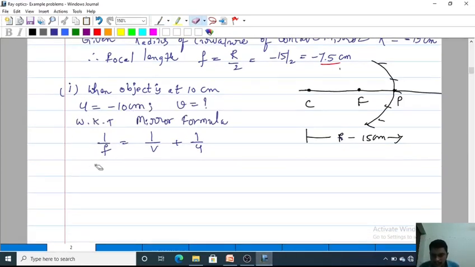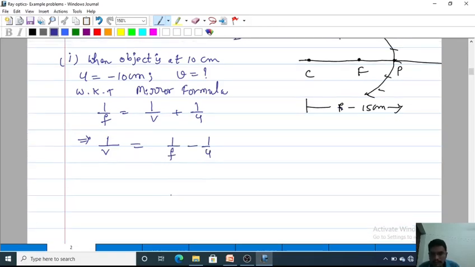So the above equation can also be written as, we need to find an expression for v. So I'll take 1 by v common from this expression. Simply 1 by v is equal to 1 by f minus 1 by u.